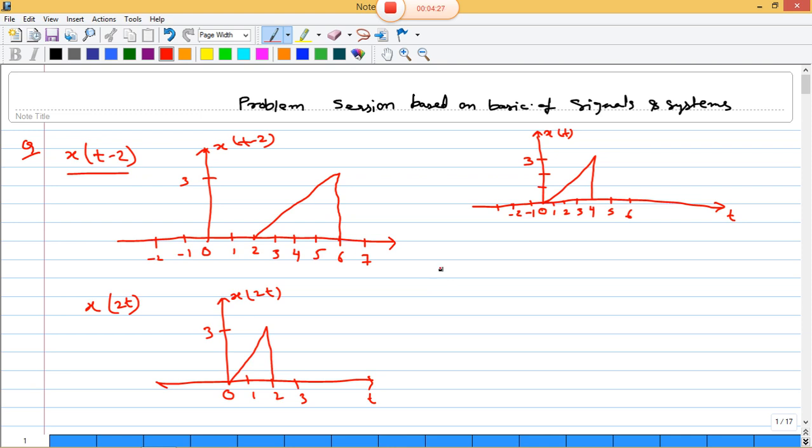Suppose x(t/2) I have to find out. Then what? For x(t/2), it is divided by a number, so it will be an expansion, meaning multiply. Here it is divided, so multiply is there.